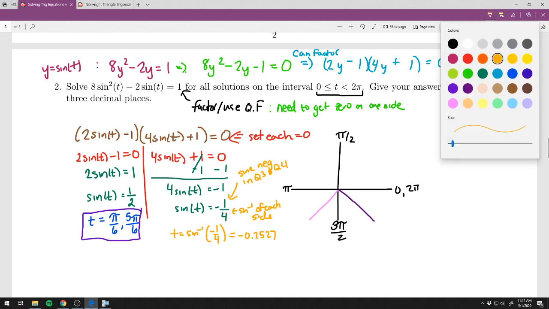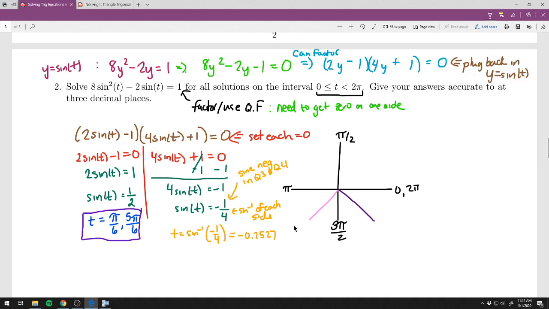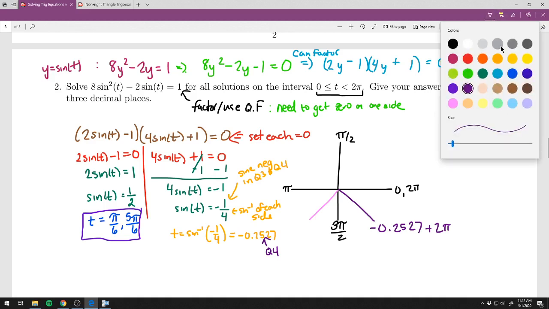And now this is the one that always was a little messier to solve, but we know this is in quadrant 4 because it's barely negative. It's between 0 and -π/2. So this is our quadrant 4 angle. It's just not between 0 and 2π. Okay, so remember what we've got to do is we've got to add 2π to it. Make sure it's between 0 and 2π, but in the same spot, coterminal.